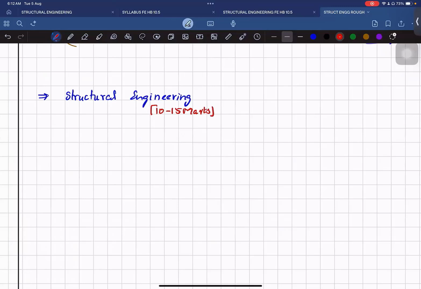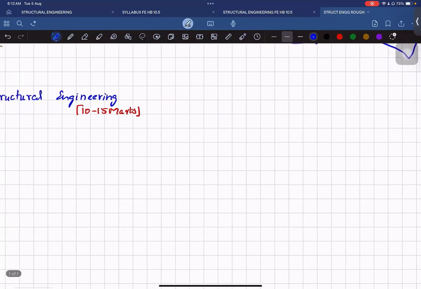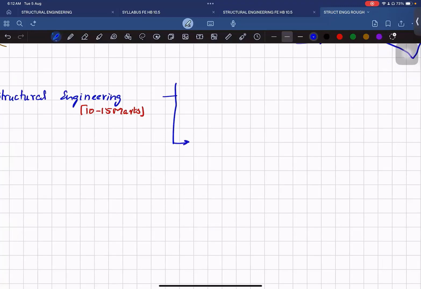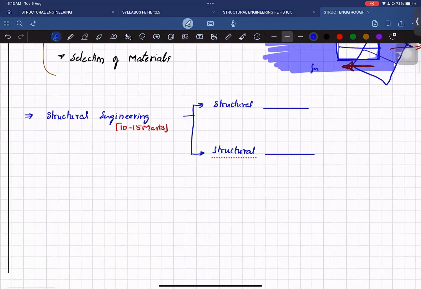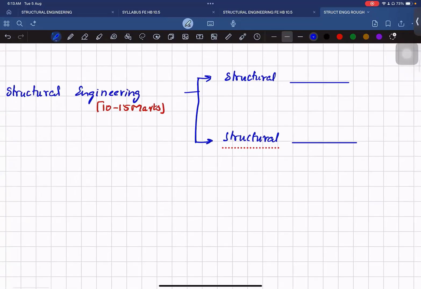In practice it is divided into two parts. The first part is structural something, and this is structural something. What are these things? Structural analysis and design. Yes, one is structural analysis and another is structural design.